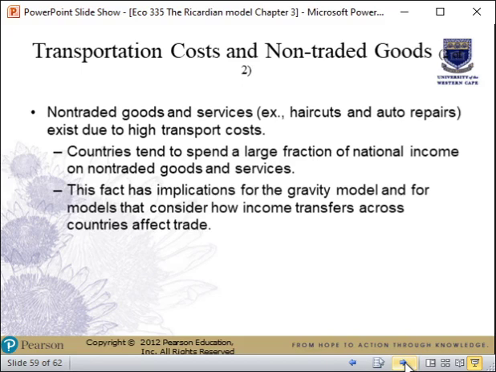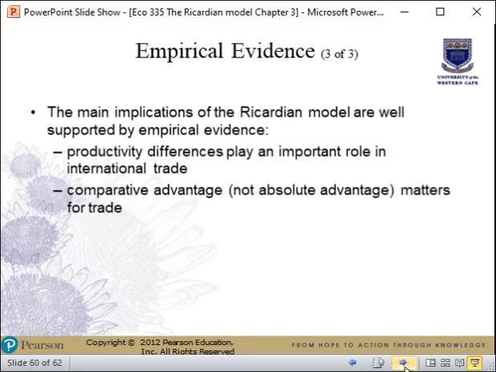Therefore, with transport cost and a weak national cost advantage, many products that could have been traded will become non-tradable goods. One important observation is that most nations spend a large share of their income on non-traded products.